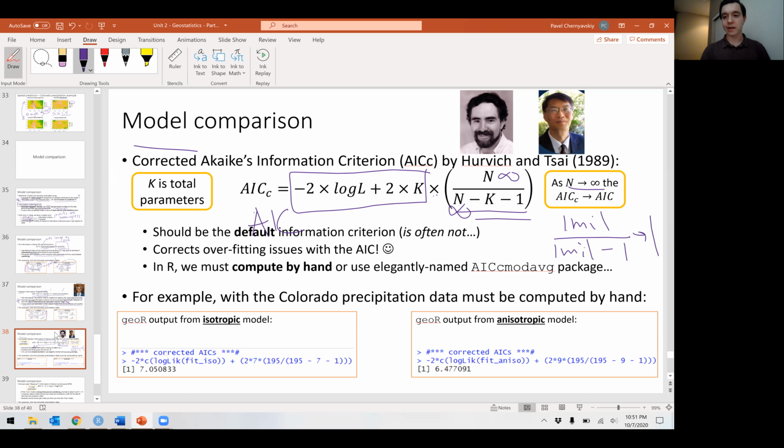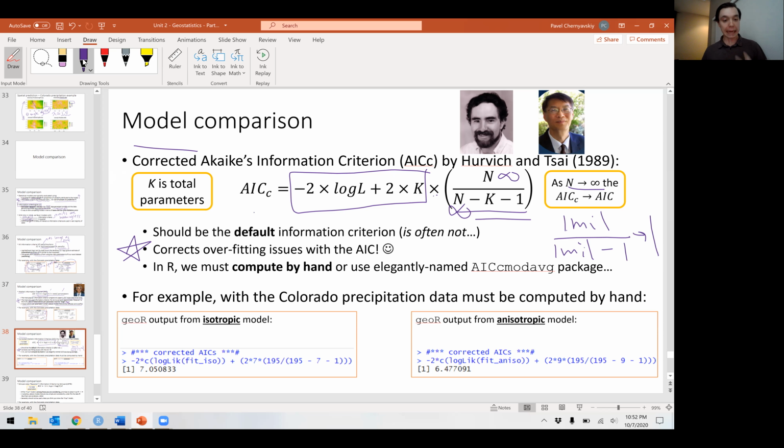How often are we working with 1 million observations? Well, it depends on who you ask. But it's the corrected AIC that correctly approximates the distance between the truth and the world assumed by the model. It corrects the overfitting issues that are inherent within the original AIC.